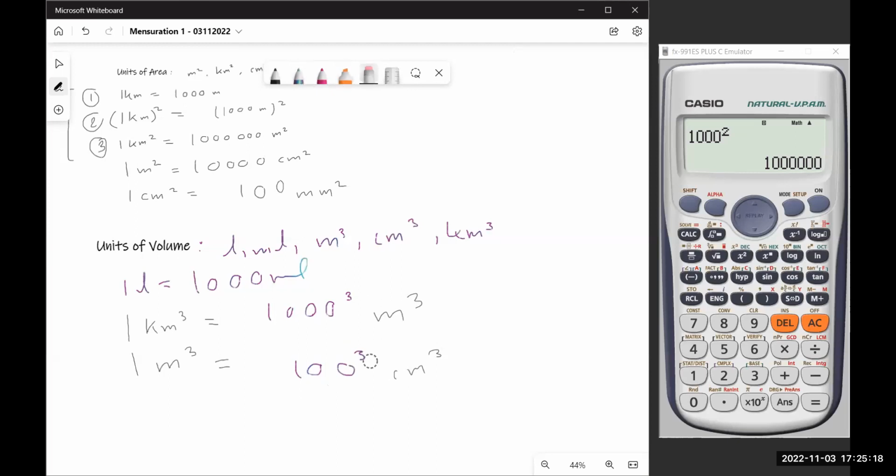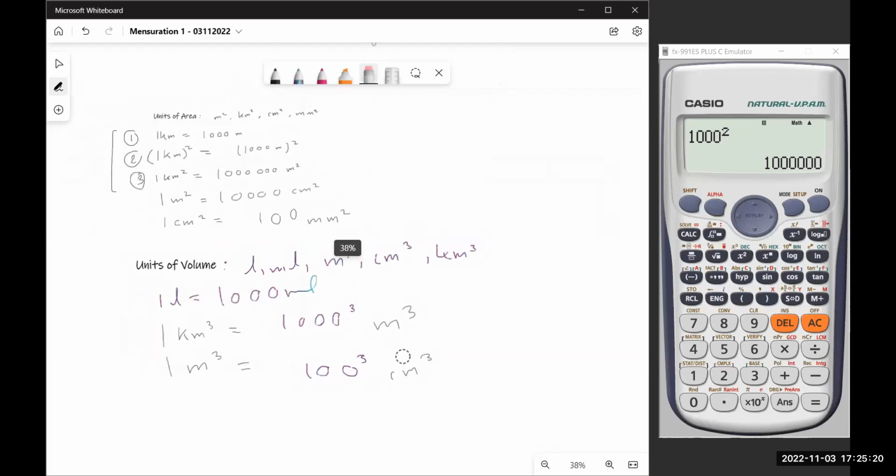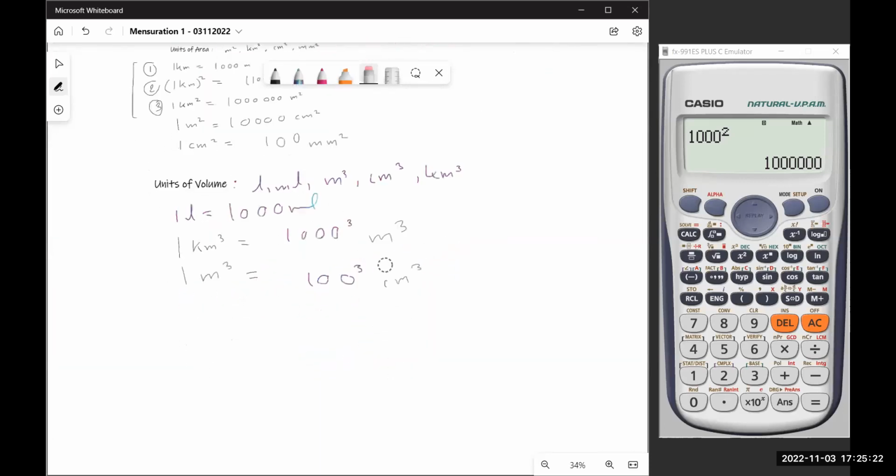No. I'm not going to do more of the other ones, but we'll have a few more. Let's write it in the not so nice format. I really don't want you to memorize this, okay? Just know how you get it. 100, 100, 100.